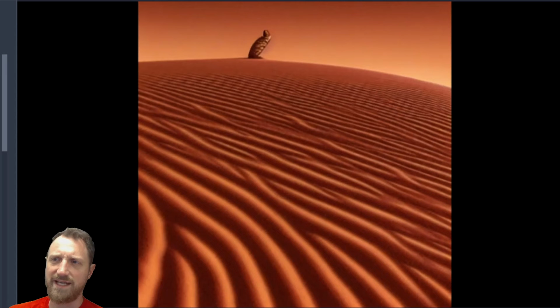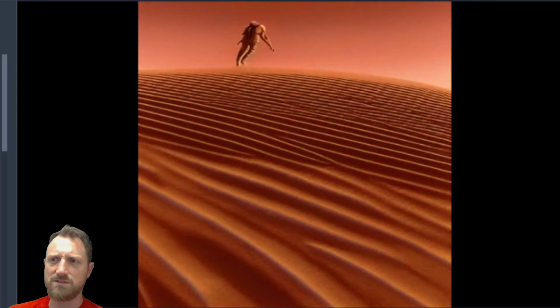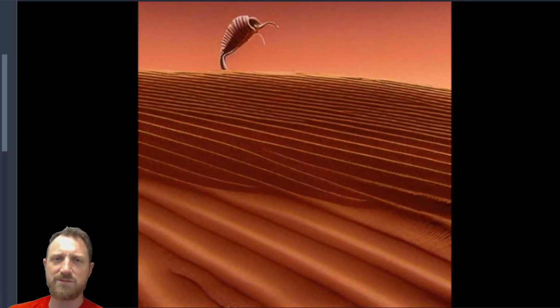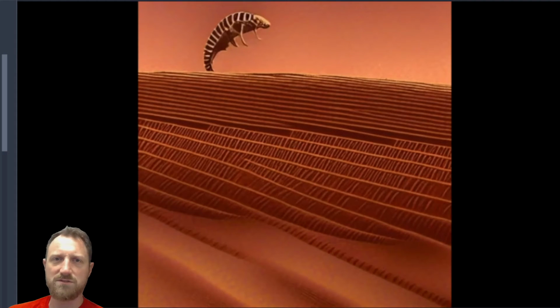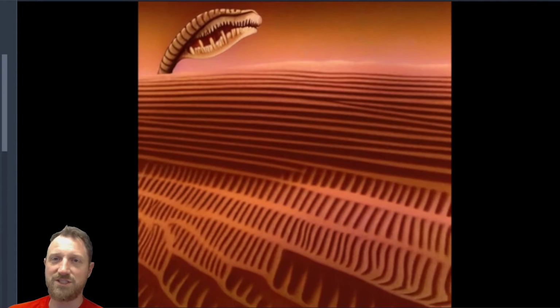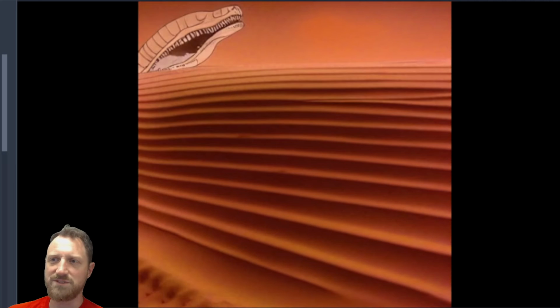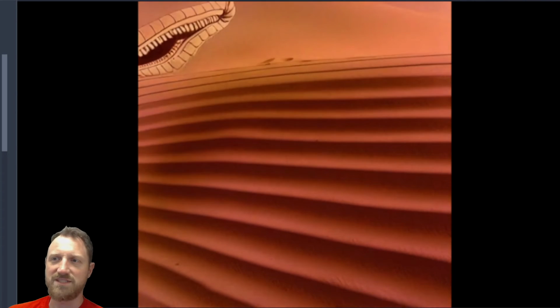So I also tried adding in Sarlacc, Star Wars. I was considering putting in Tremors, but I thought that that was too generic of a name that Stable Diffusion wouldn't understand what I meant by that.